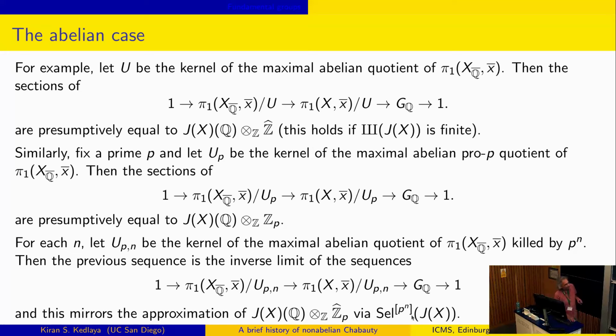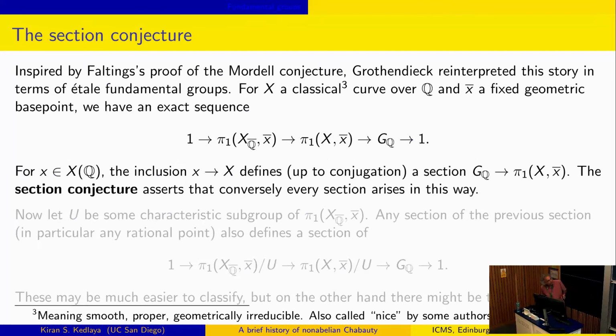That's a bit of a cheat, because when you define a Selmer group, you're allowed to use more information. Roughly speaking, the pure Grothendieck philosophy is that you're only supposed to use the information you get from here, and not refer to any other constructions.